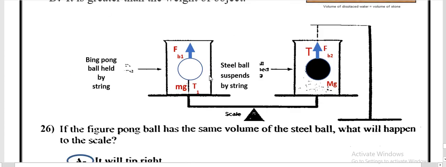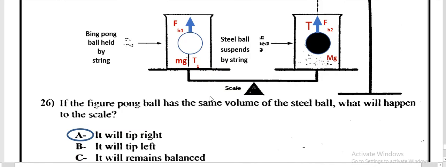As they have the same volume, and they are immersed in the same water container, the buoyant force of the two balls will be the same.